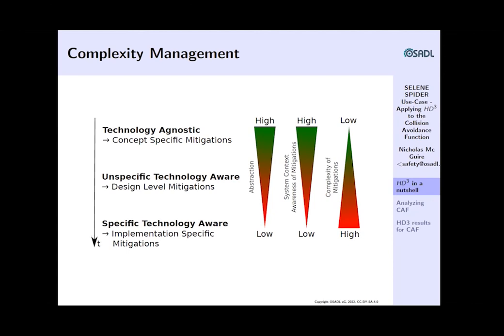The observation was that if we try to analyze a complex system from the very beginning as one integrated system from the design down to the technology, what happens is that we have very high complexity in the indication mitigations or the actual implementations. For instance, Spider, we get a point cloud and we have to find the nearest point in this point cloud.